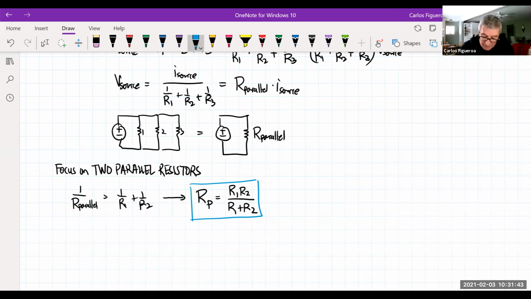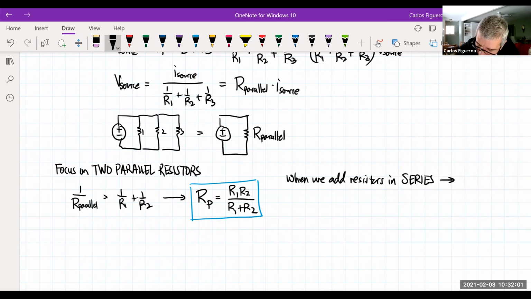What you're going to find here is this. When we add resistors in series, our series increases.